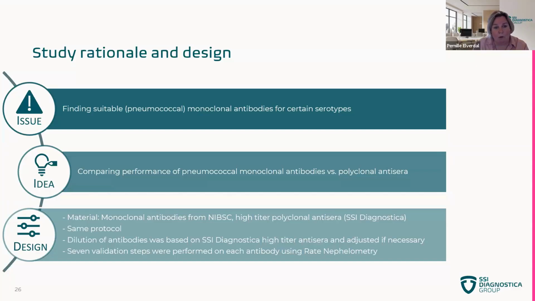We used the same protocol for both antibodies. The dilution of the antibodies was based on the SSI Diagnostica high titer antisera and adjusted if necessary. And we did 7 different validation steps on each antibody in the nephelometry method to see which was performing the best.